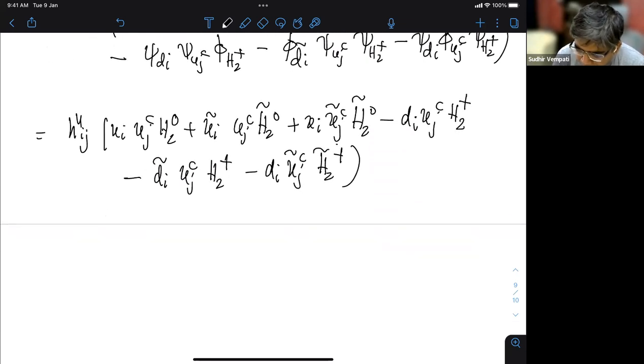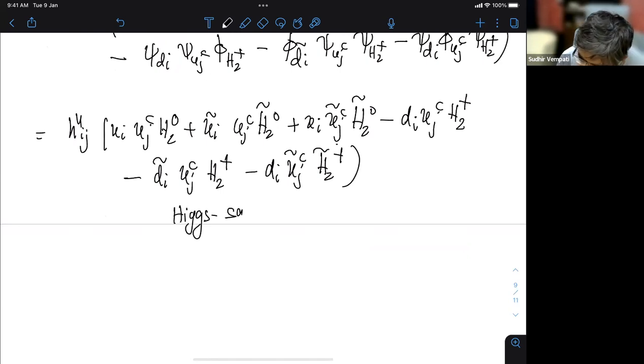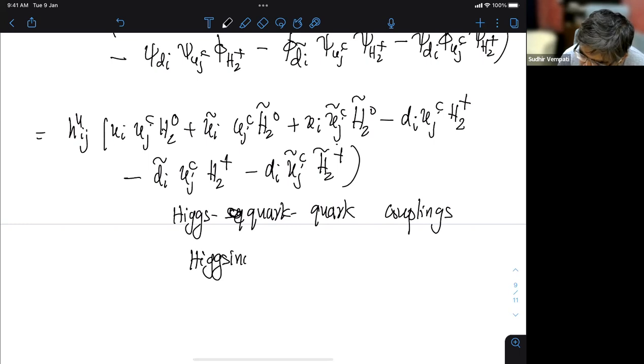Now, this gives me Higgs quark couplings, and then it also gives me Higgsino quark couplings. Both these things are possible.